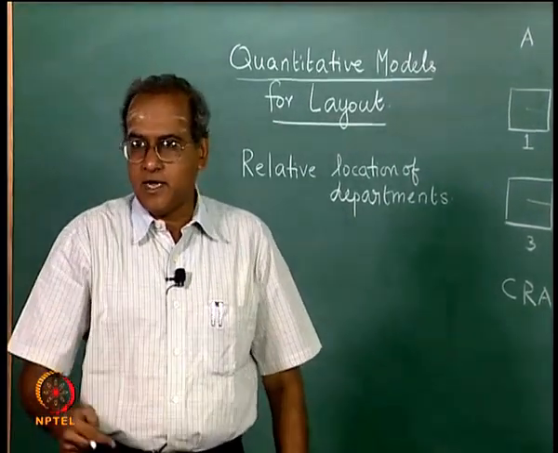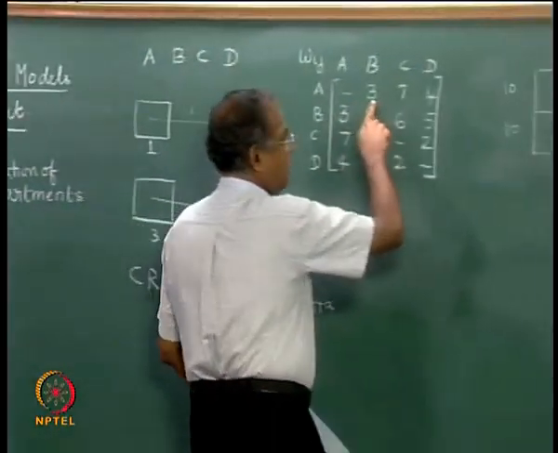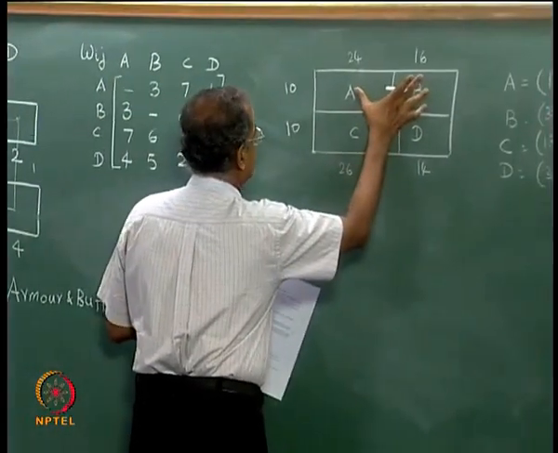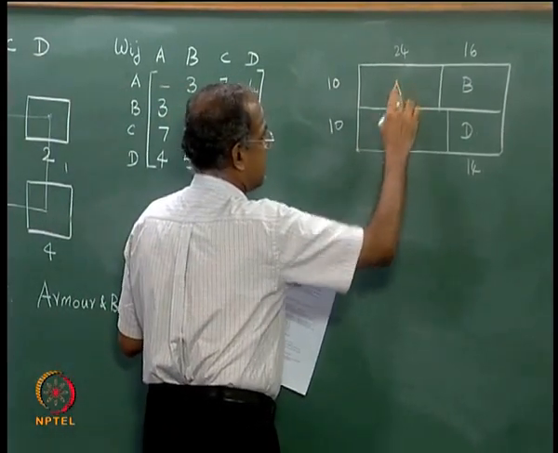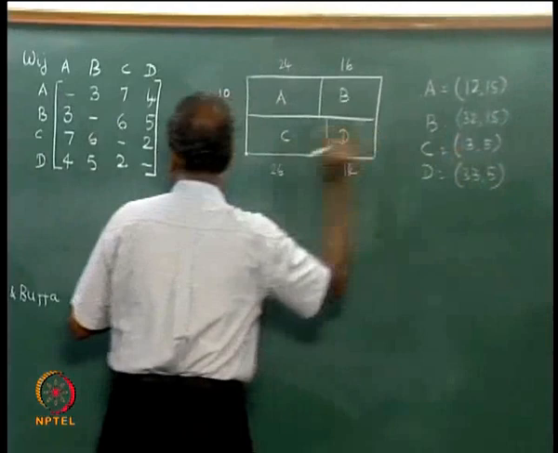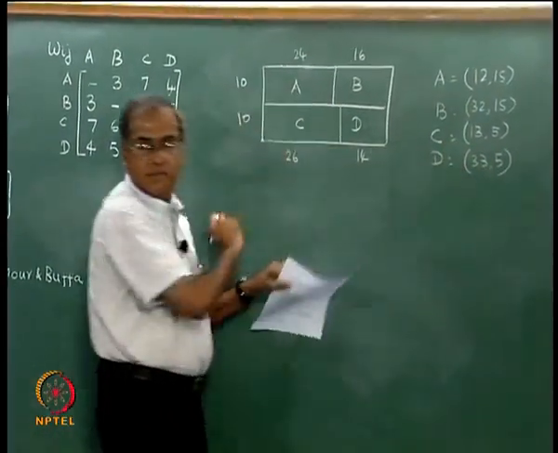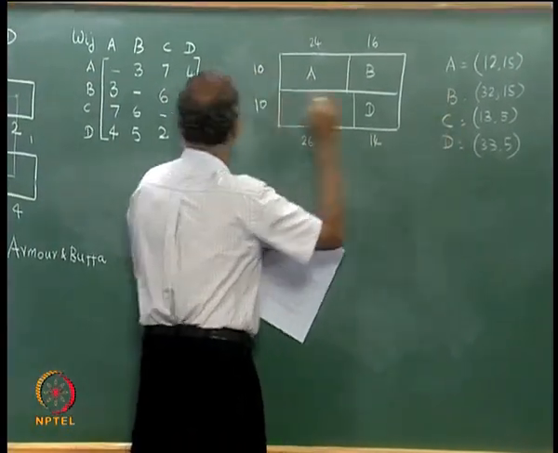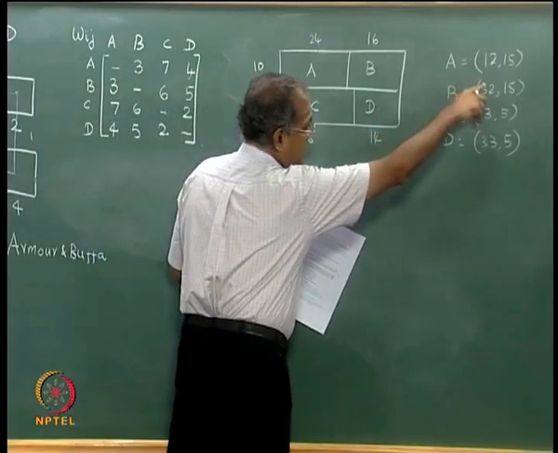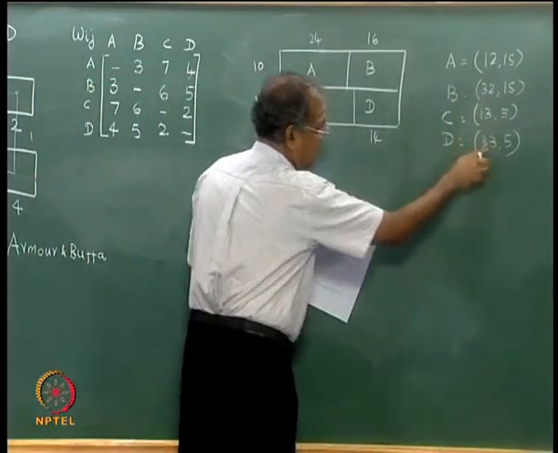The W into D for this given layout will be 3 times this distance plus 7 times the distance between this centroid and this centroid, plus 4 times the distance between this and this, plus 6 times the distance between this and this, plus 5 times the distance between this and this, and 2 times the distance between this and this.